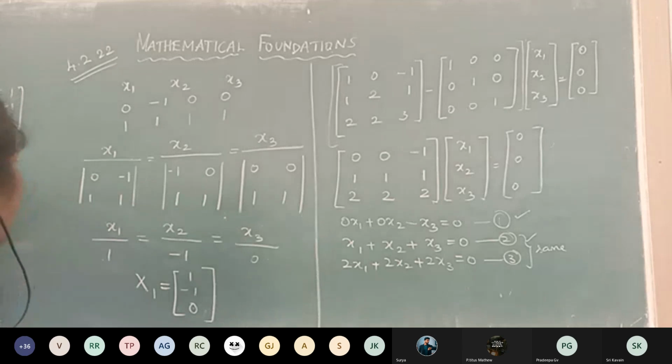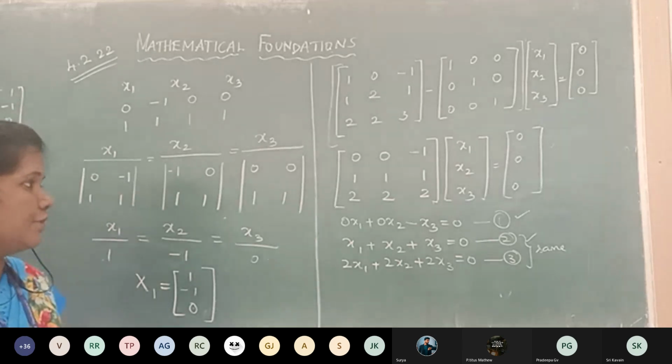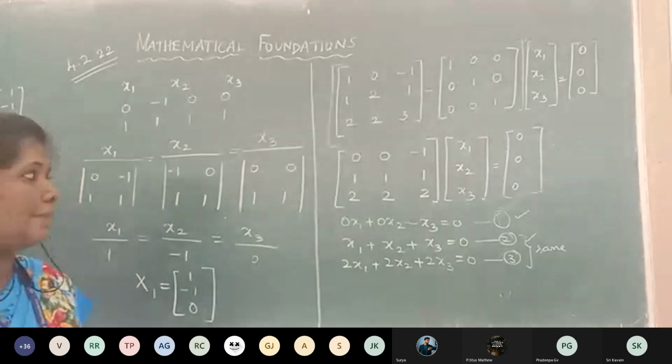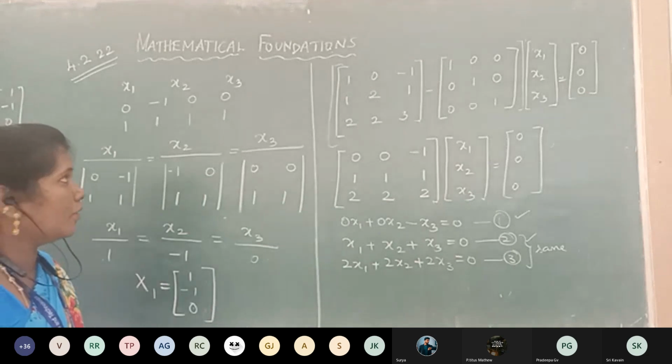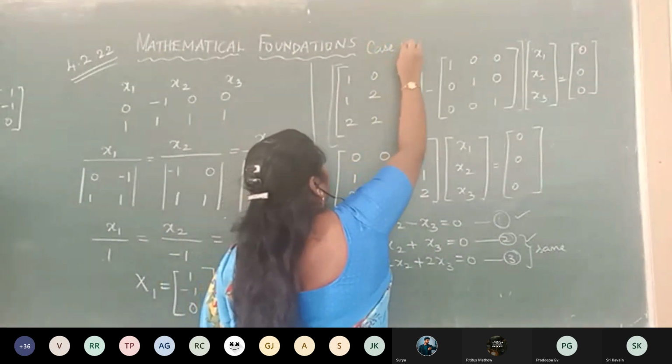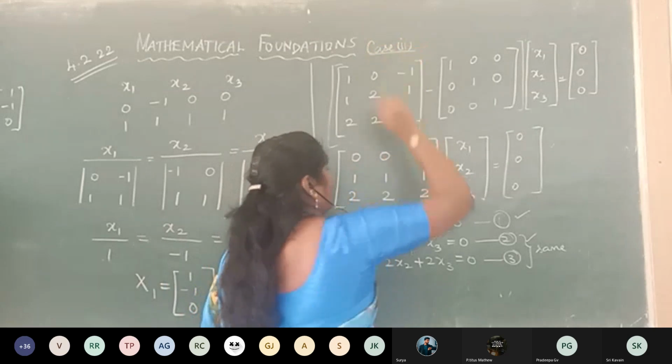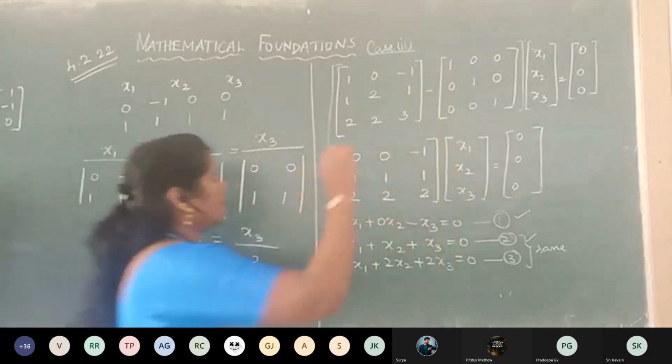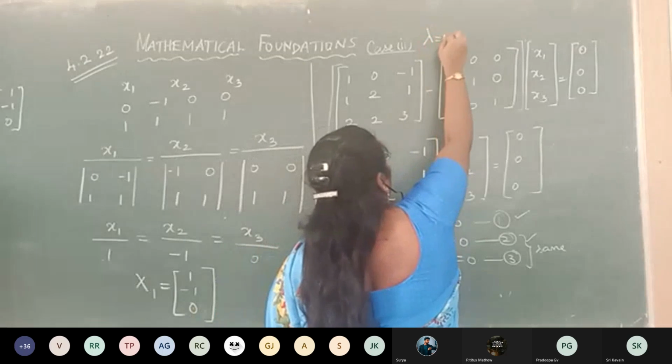Next, we will find it for lambda equal to 2. So write case 2. For lambda equal to 1, write it as case 1. This is lambda equal to 2.